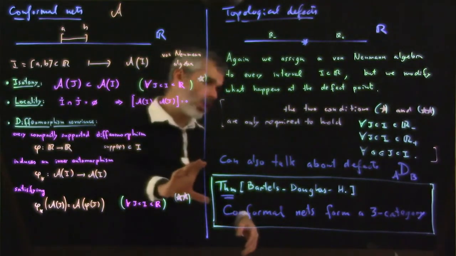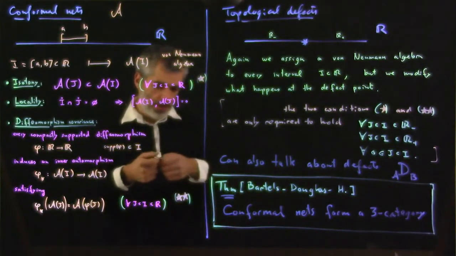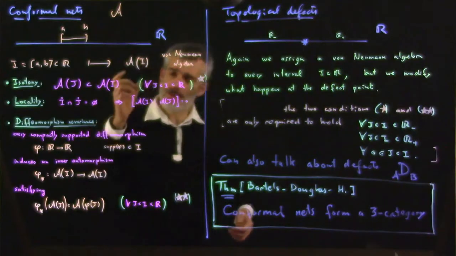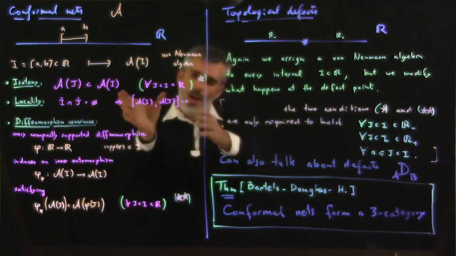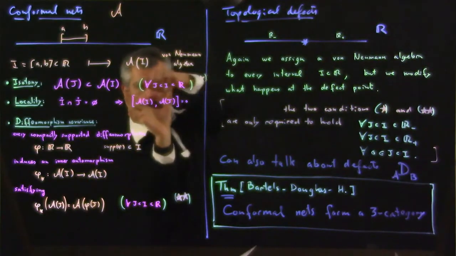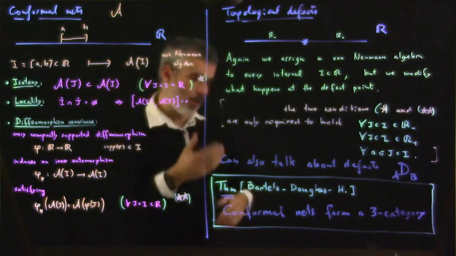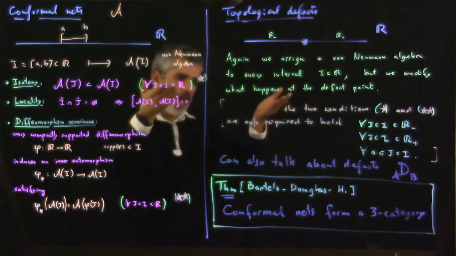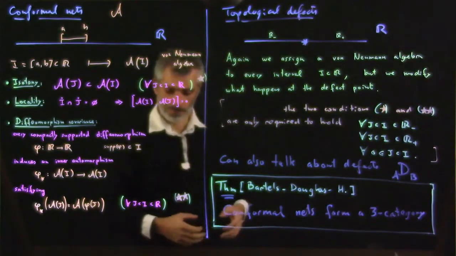And maybe this shouldn't be too surprising if you compare it to the previous situation with spin chains. In a spin chain, given an interval of this line on which the spin chain lives, we have associated to that a vector space, namely the tensor product of the local Hilbert spaces. And here, given an interval, we have a von Neumann algebra, which is one category degree higher, and so hence the 2 becomes a 3.